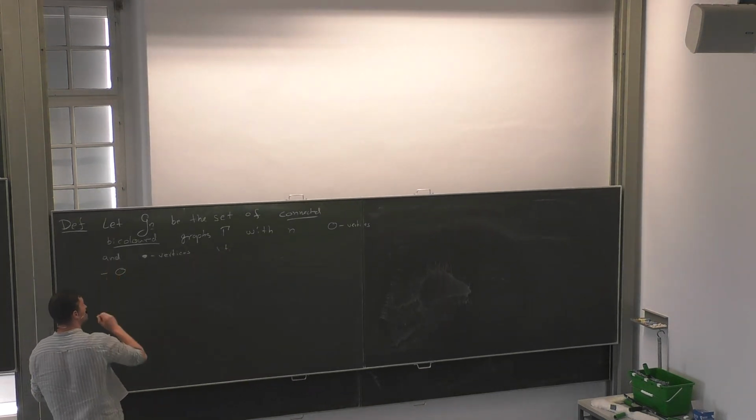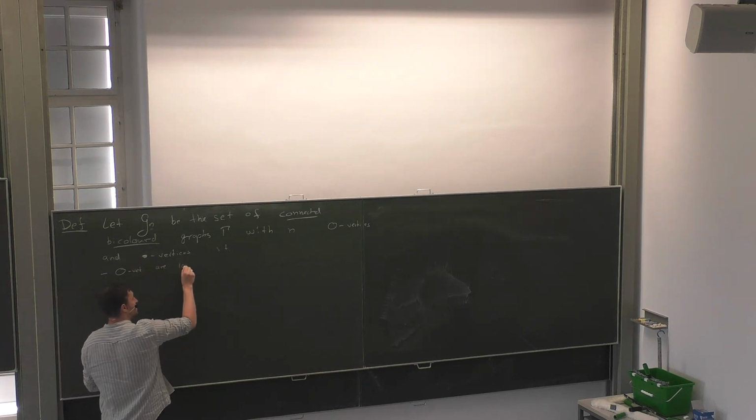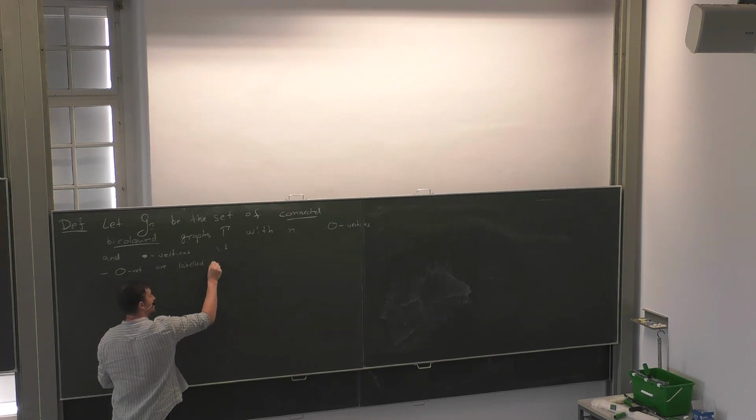The circle vertices are labeled from 1 to n.